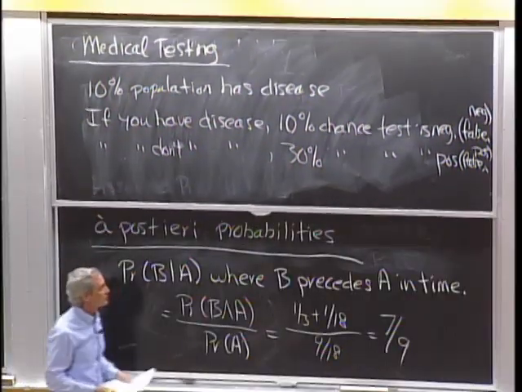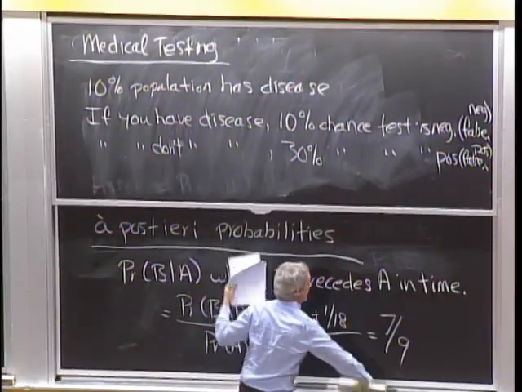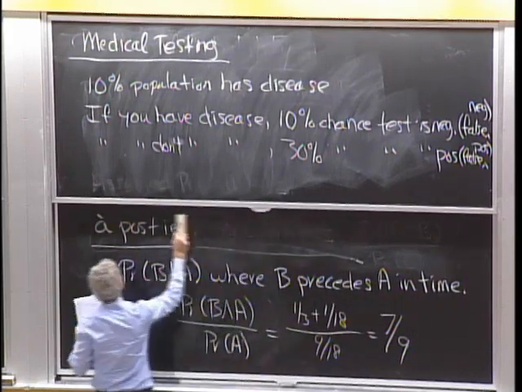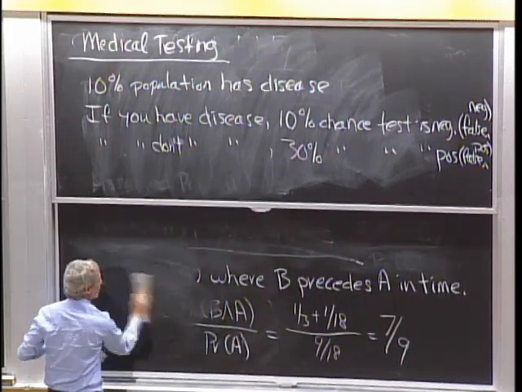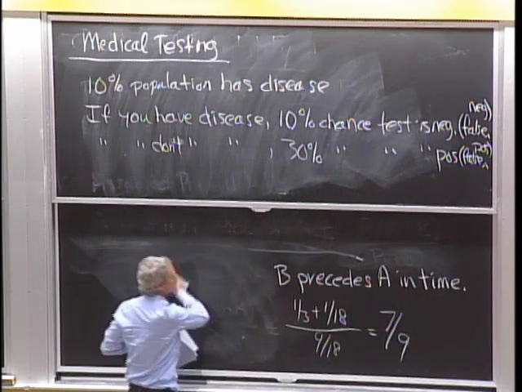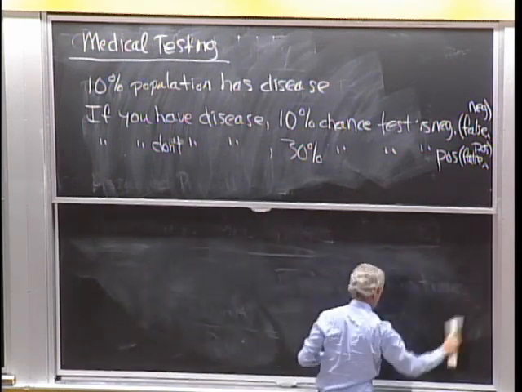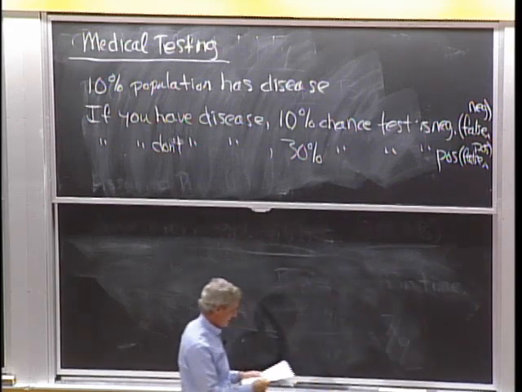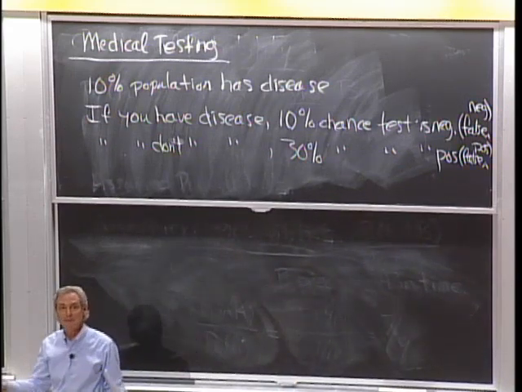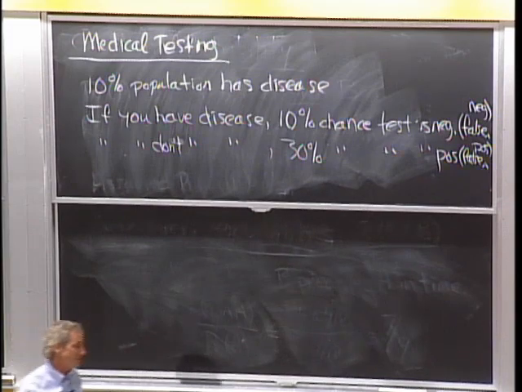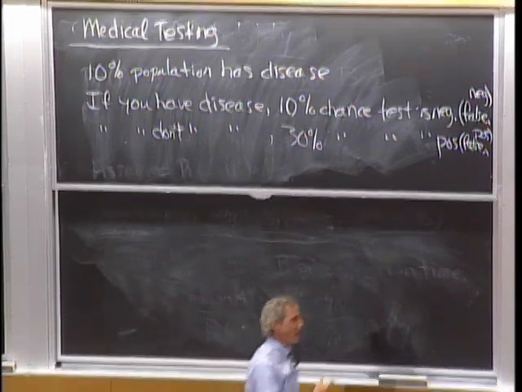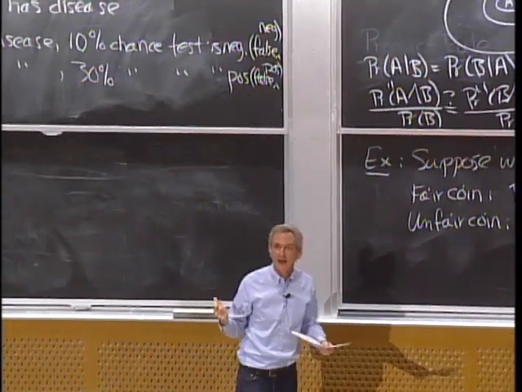Now, say you select a random person, and they test positive. What you want to know is the probability they have the disease, given that it's a random person. All right, so actually this came up in my personal life many years ago when my wife was pregnant with Alex.